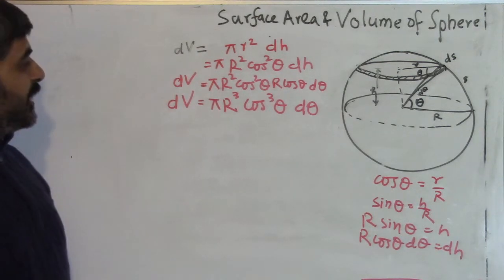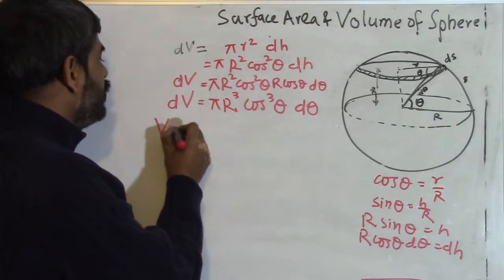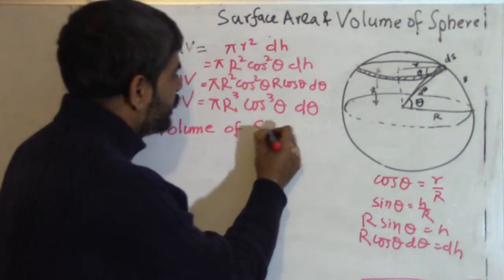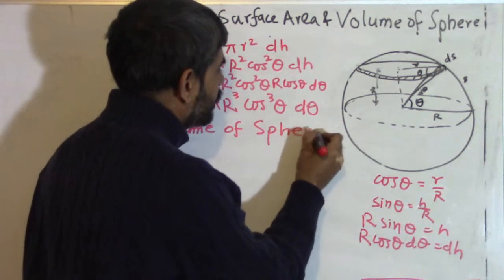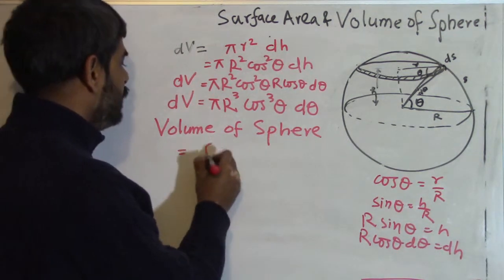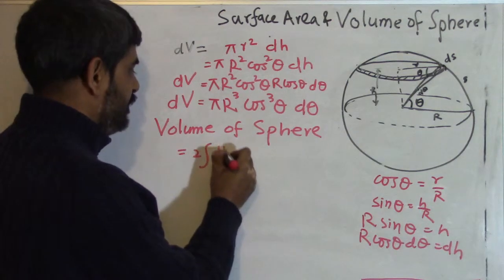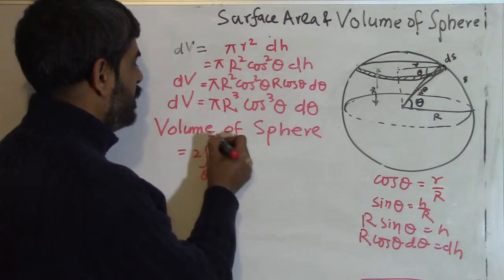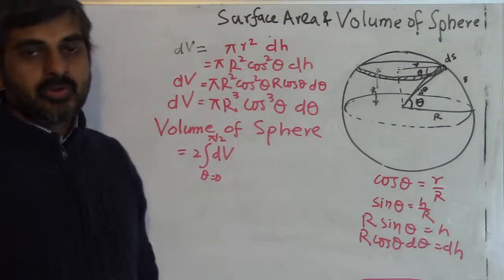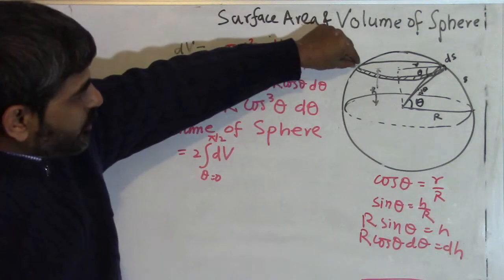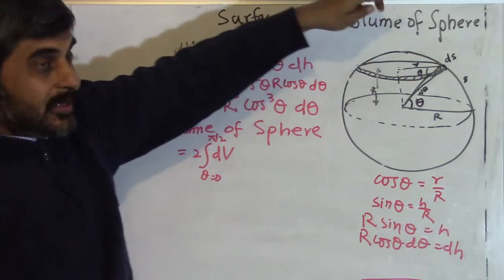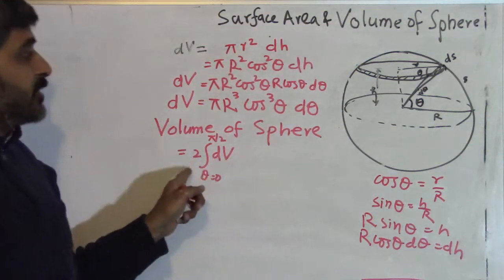Now if I integrate, I can write the volume of the sphere will be equal to the integral of 2 times dv, as theta varies from 0 to pi by 2. We take this small volume, add up all these small volumes from here to here, and then multiply them by 2.